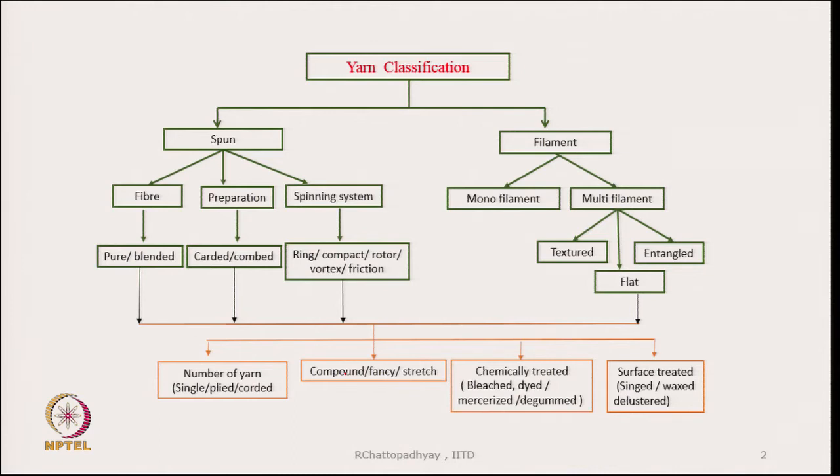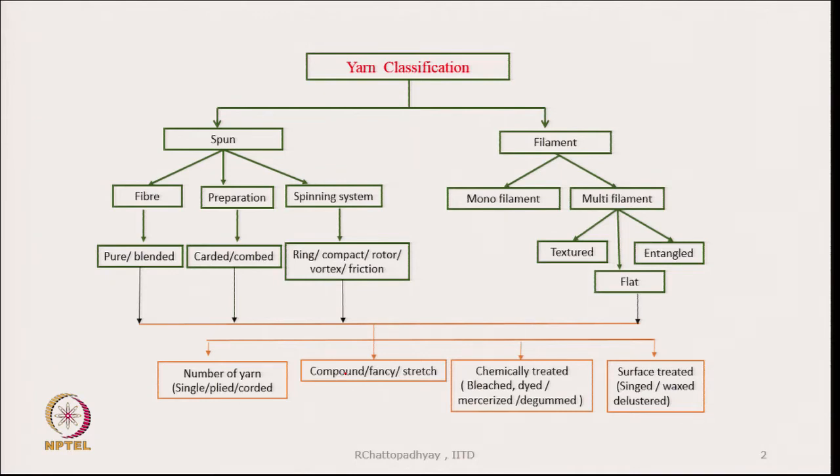So, the yarn can be single, 2-ply yarns, 3-ply yarns, or it could be corded also. Similarly, we can have fancy yarns, or we can have stretch yarns. We can treat the yarns with some chemicals and change the properties of the yarn. So, we can have bleached yarn, dyed yarn, mercerized yarn, degummed yarn in the case of silk.